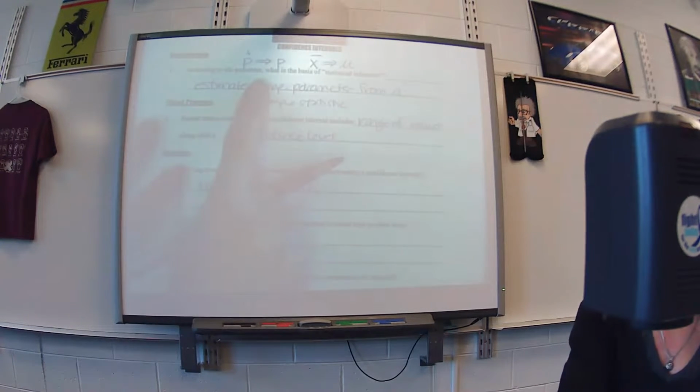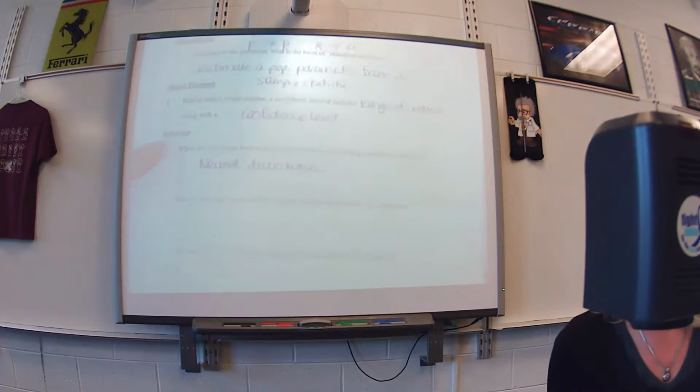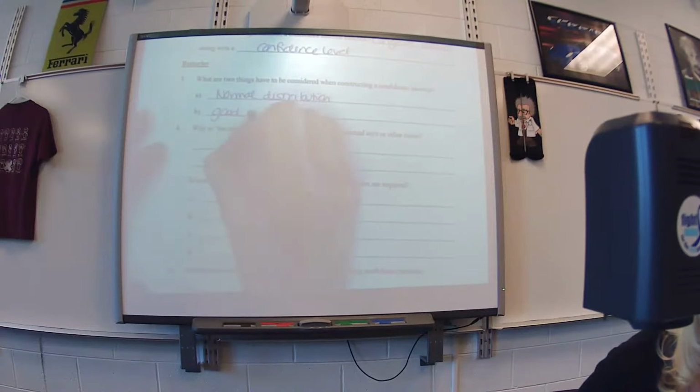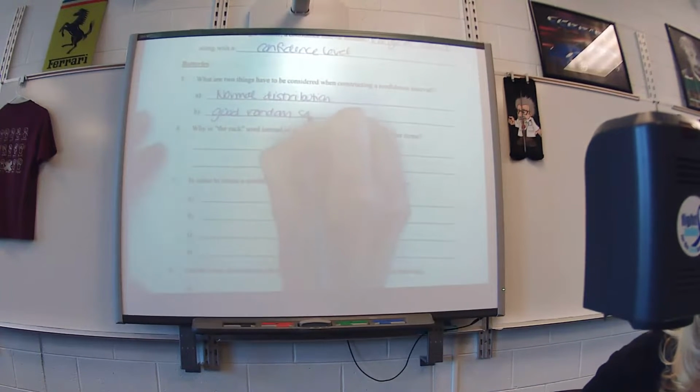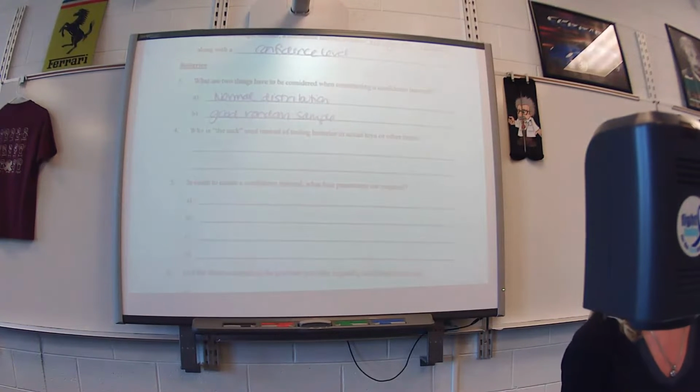If you're doing P's, then you get to your NP and N times 1 minus P. If you're doing X bars, you'll have to apply the CLT. So that stuff is not going away. And then, of course, you want a good random sample. And that would refer us back to what we learned in chapter 4. If you don't take a good random sample, everything you do is garbage, okay?